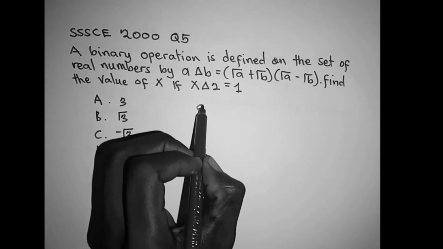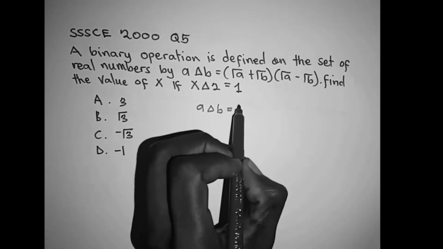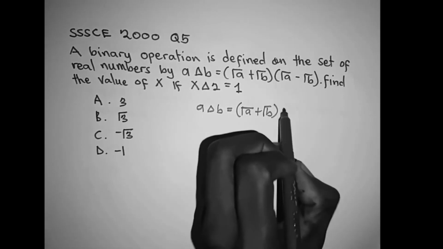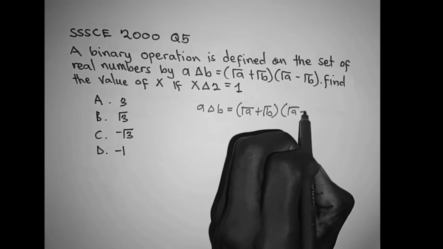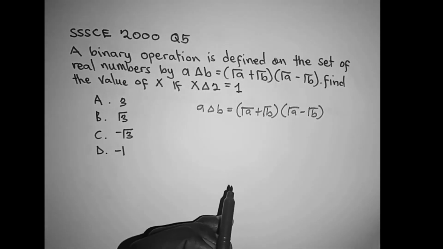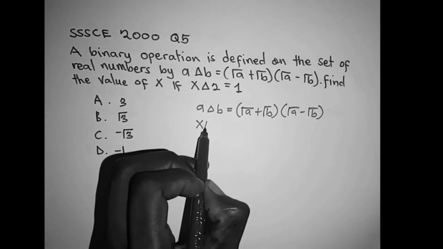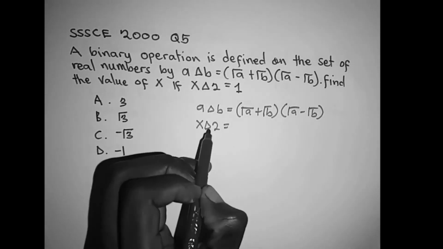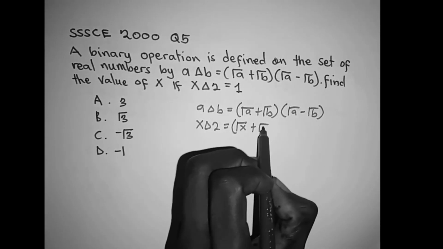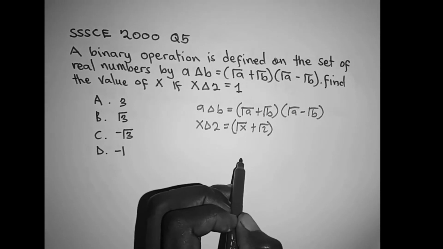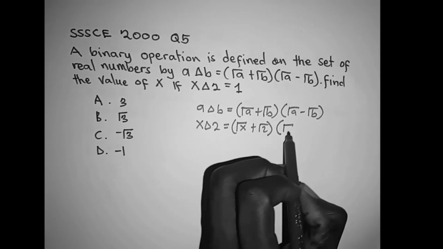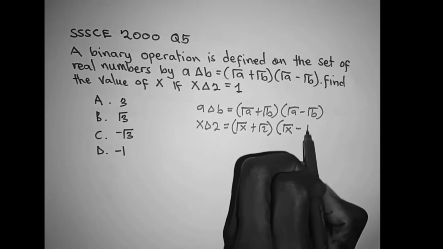So what is x operation 2? This is equal to root x plus root 2 in one bracket, then in the second bracket, we have root x minus root 2.